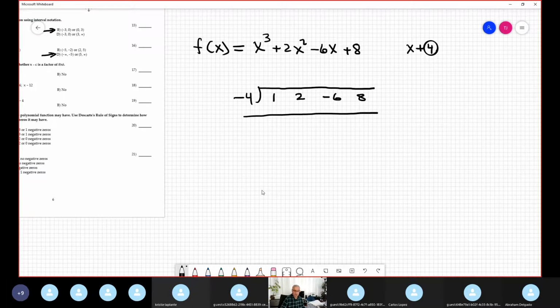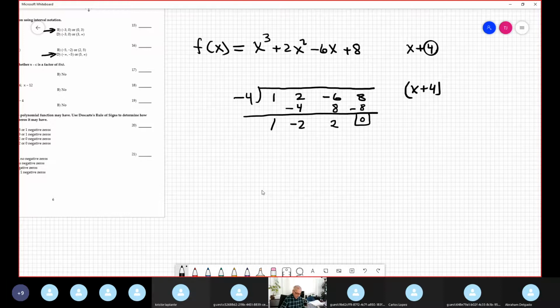You bring down 1, multiplication is negative 4. You combine here, it's negative 2. Multiplication of this and this is 8 positive. Combine here is 2. Multiplication 2 times negative 4 is negative 8. And the remainder is 0. Therefore, yes, this factor x plus 4 belongs to this polynomial. Okay?